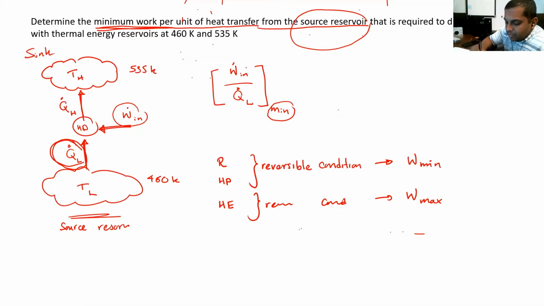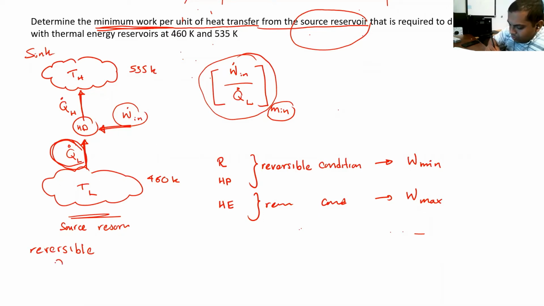Now let's try to simplify this equation. Because we know when you have reversible conditions, QL over QH is going to be equal to TL over TH, right?